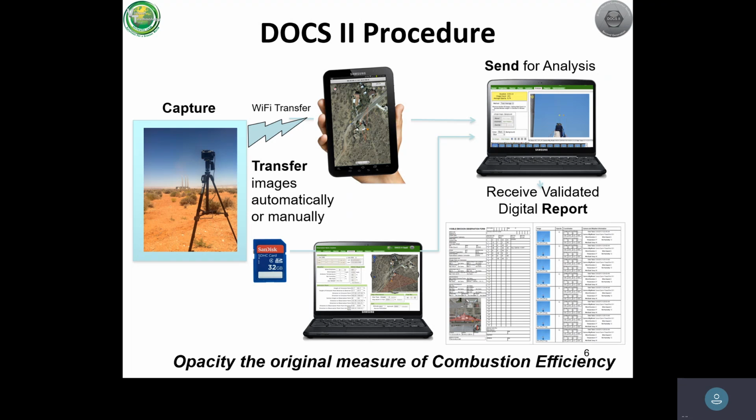The operative piece of this is the part that you see that's kind of an eye chart on the far side next to the thumbnail. That is where the opacity was measured, to the pixel. So we have X, Y and Z in terms of where we marked the plume and where we marked the background, i.e. how the software came up with that number. And so it's very repeatable.